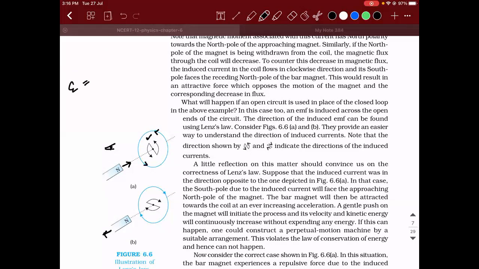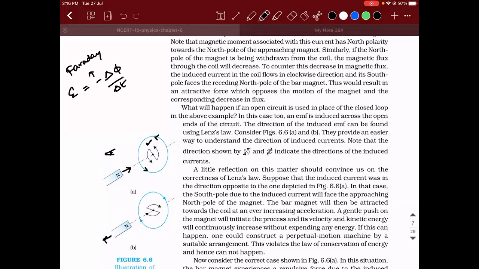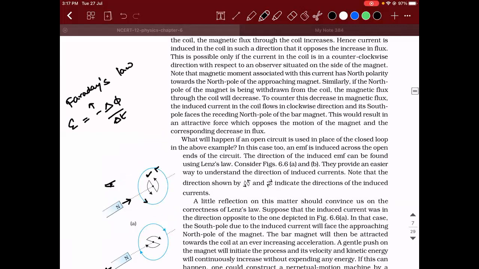And one of the reasons why there is a minus sign for Faraday's law is because of the significance of this law. This is a very, very important law because the whole chapter runs on this concept only. If you have to understand this whole chapter, there are only two important points you need to register in your mind.